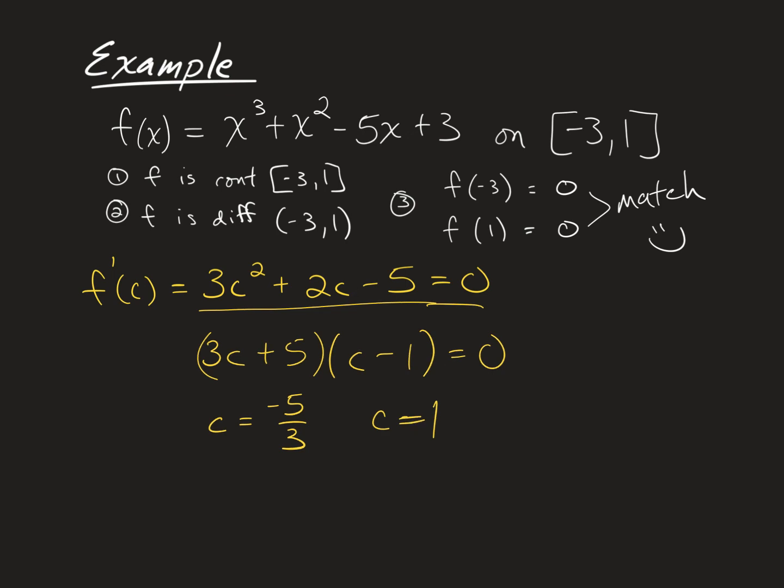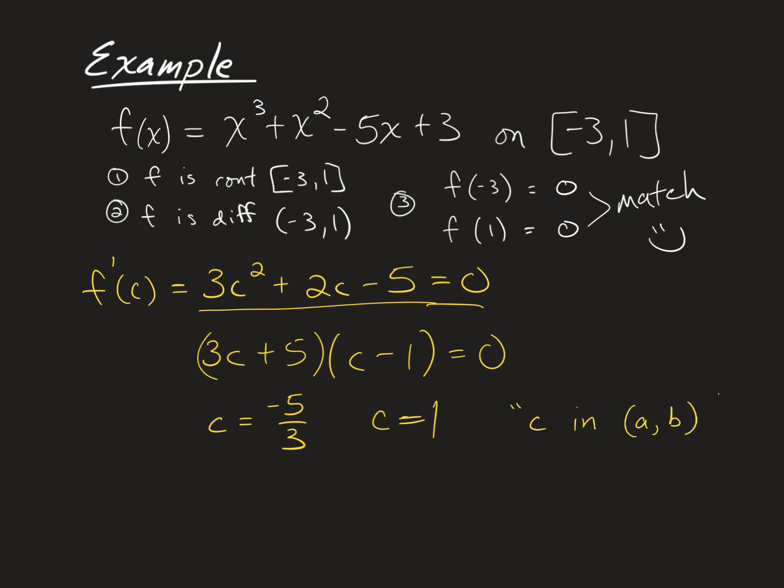Okay, so now we just have to check to make sure these are on the interval. So -5/3 is in this interval, but oddly enough, this is one of the endpoints of our interval. If you go back and look at the conditions for both the mean value theorem and Rolle's theorem, we will find c values in the open interval (a, b).